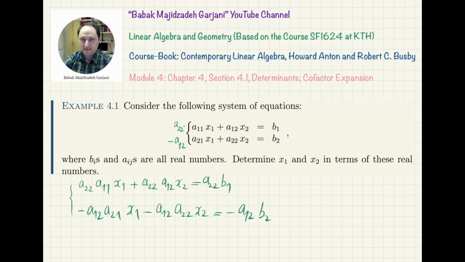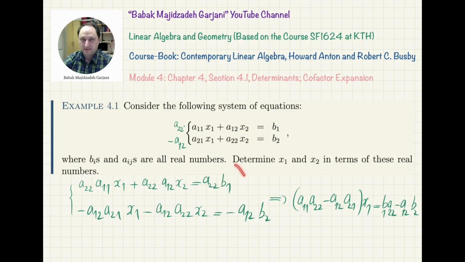Now my goal is to add them side by side. If I add them, the x2 terms are exactly the same with opposite signs, so they cancel, and I factor x1 out. I immediately get a11 a22 minus a12 a21, times x1, and on the right hand side b1 a22 minus a12 b2.